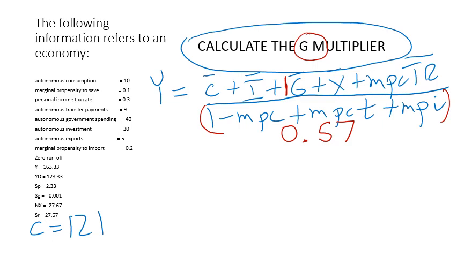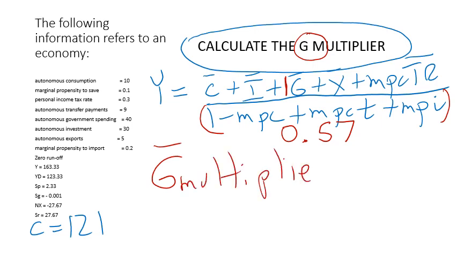All right. So the G multiplier is equal to 1 divided by 0.57.